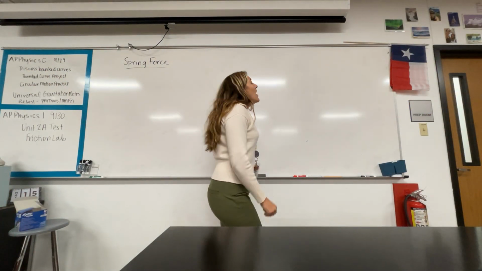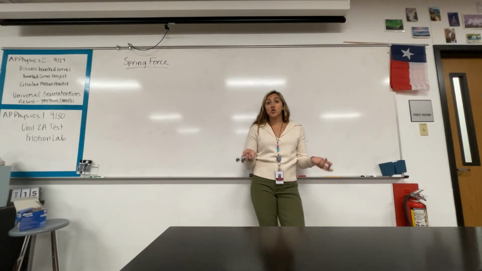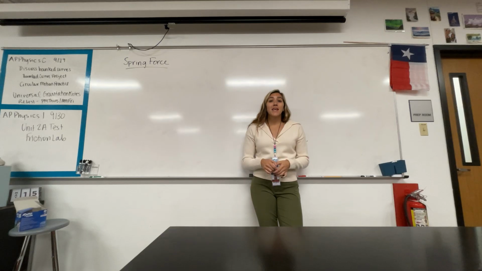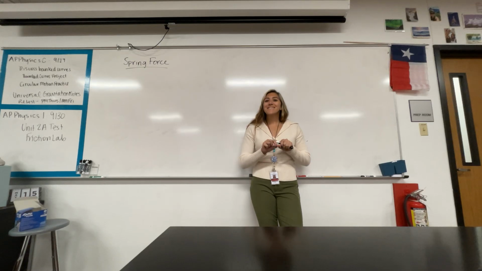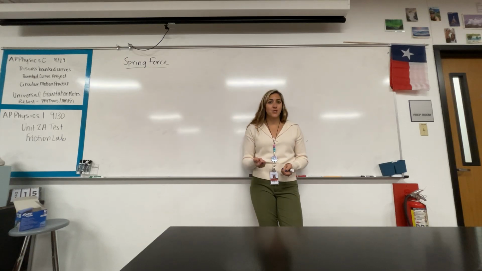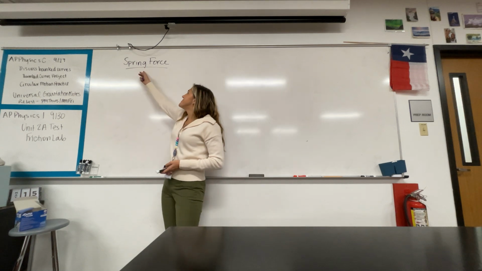Okay, you're back. All right, what if instead of pulling on an object with a string, a wire, a cable, something that is an ideal string, cable, rope, and therefore doesn't stretch? What if instead I pull on it with something that does stretch? Something like a spring.